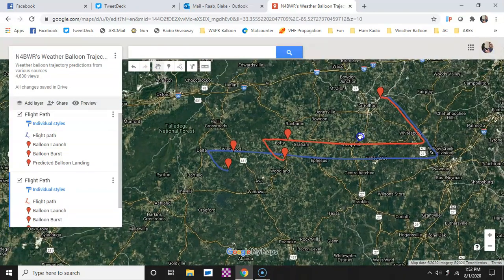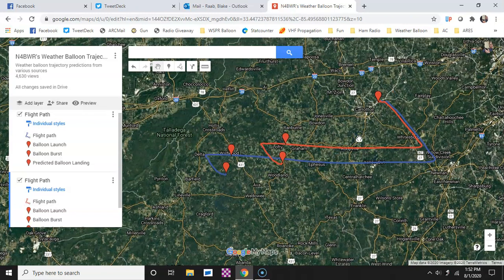And I also had an idea for those of you who are going to be beaconing on APRS. If you would like to send me an email, blake@n4bwr.com, I can put you on the map as well. I can possibly live track the balloon and all of us along with the predictions so that we all have a better idea of where everyone is.